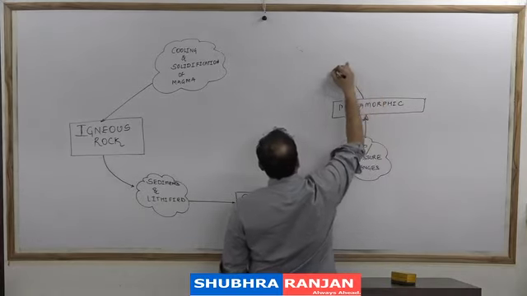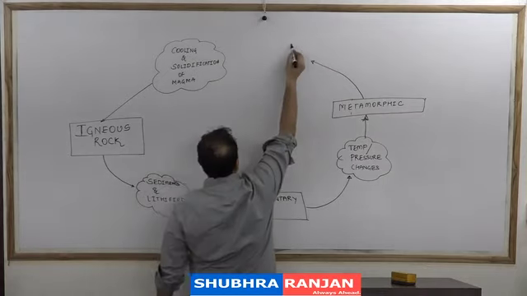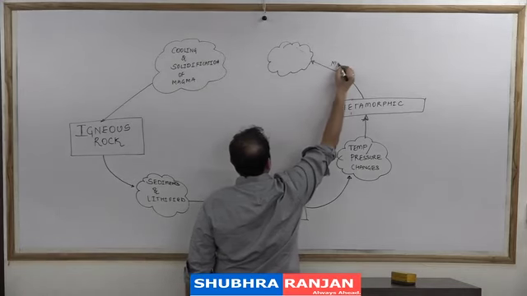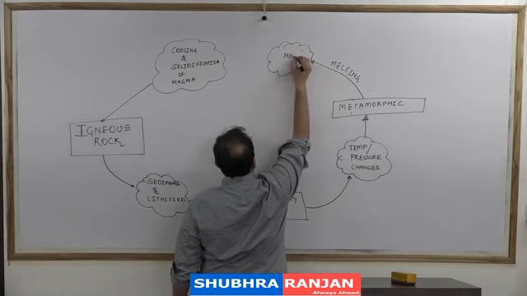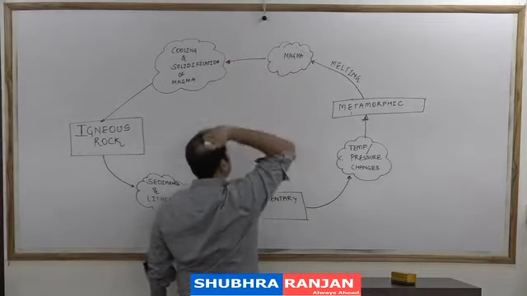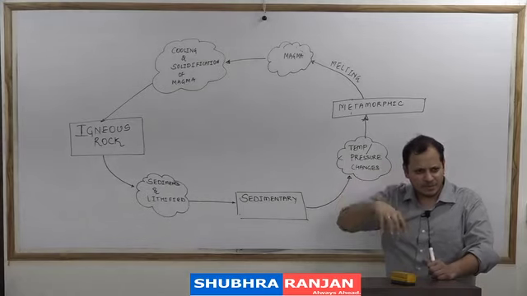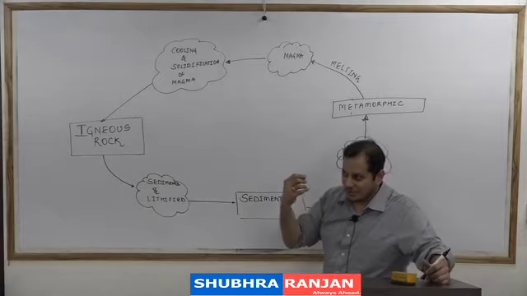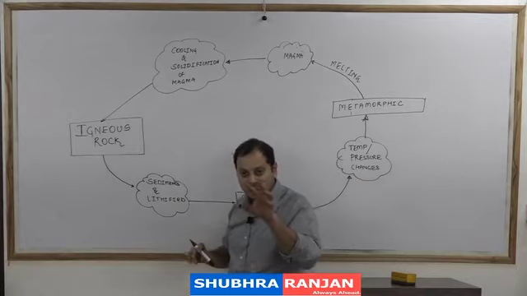And this metamorphic rock, due to subduction or melting, very high temperature, can I say it may become magma? And this magma over the period of time may cool and solidify to again form an igneous rock. So it will go into the subduction zone, become a part of magma, and it may come out due to seafloor spreading or volcanic eruptions. So this entire process is one rock cycle.